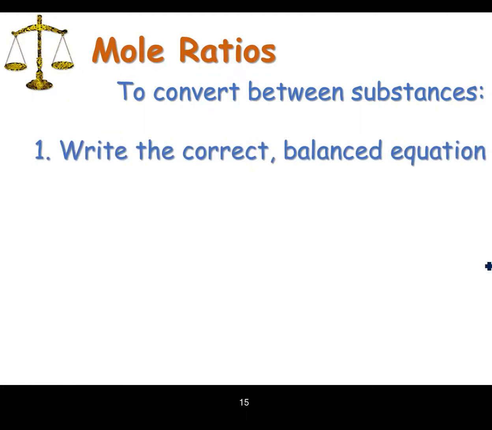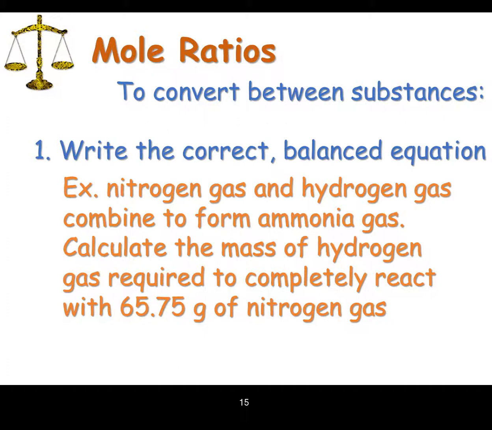Now, in order to convert substances, the first thing that we're always going to have to do is begin with a correct balanced equation. If the equation isn't balanced, then the mole ratios won't be right. So you have to check that first. Say that we're given this example: nitrogen gas and hydrogen gas combine to form ammonia gas. Before we get into the nitty-gritty of the problem, we want to write this out in the correct balanced form.